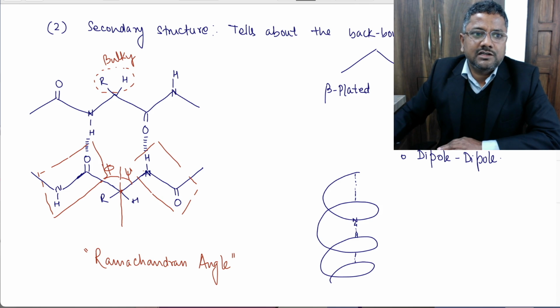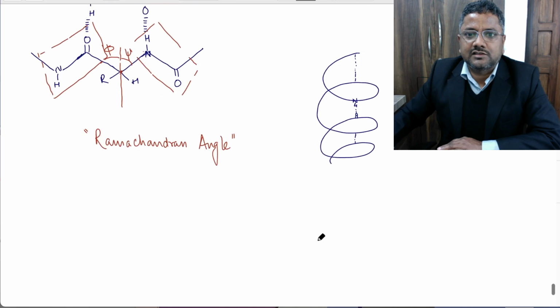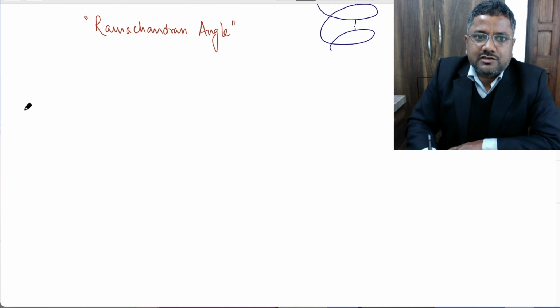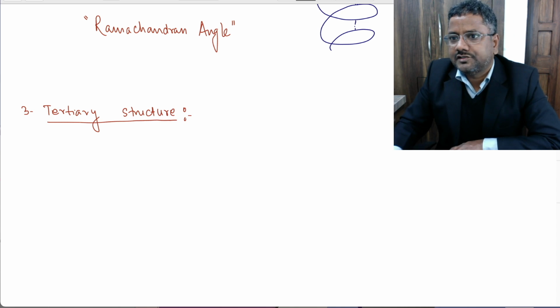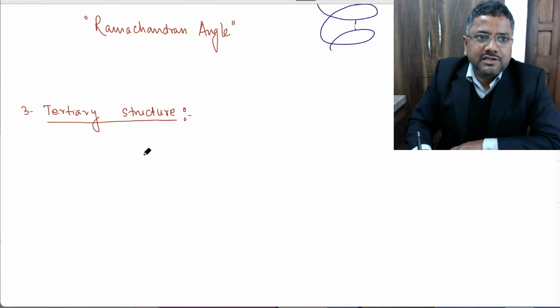Now see the tertiary structure. The third structure is the tertiary structure. So the tertiary structure of proteins is the 3D structure.